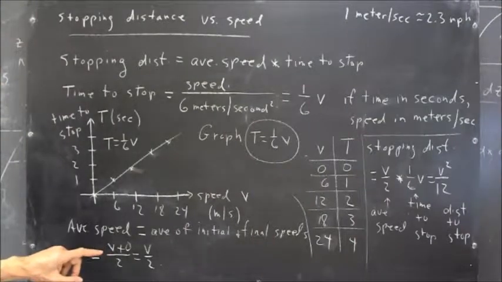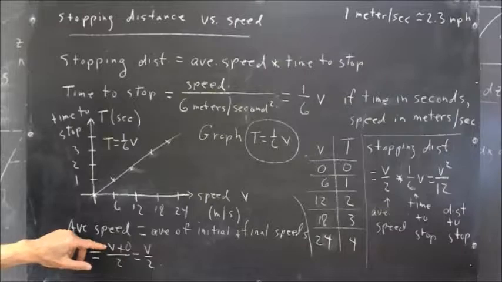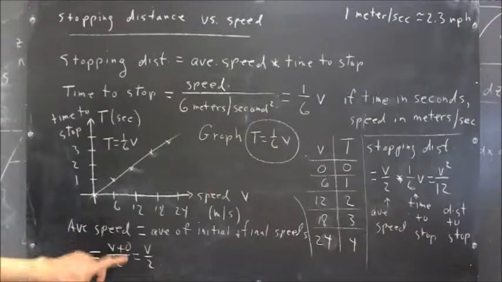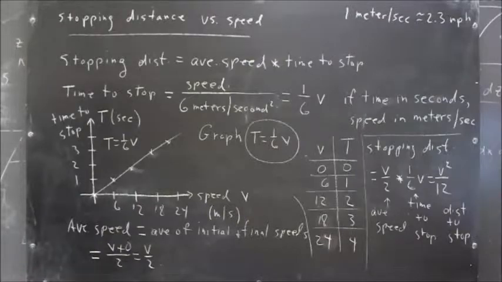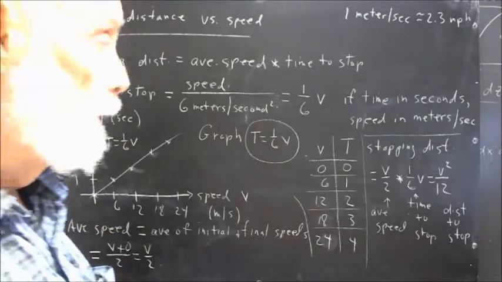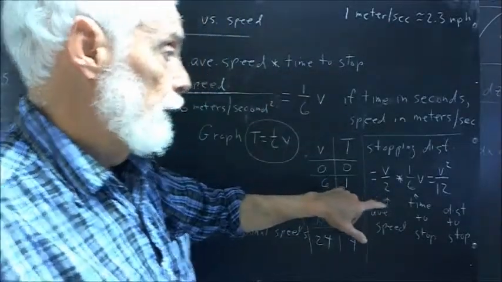Our initial speed is the speed that we're traveling when we begin the stop. 0 is the speed we're traveling when we stop, and we average those two, we get v over 2, so our result for the stopping distance is average speed times the time to stop.